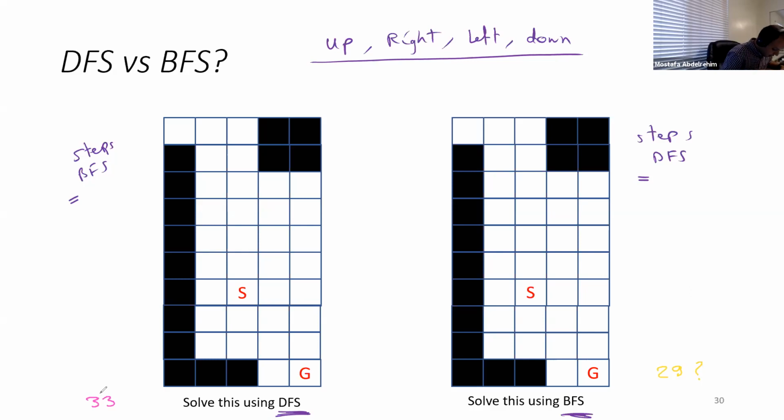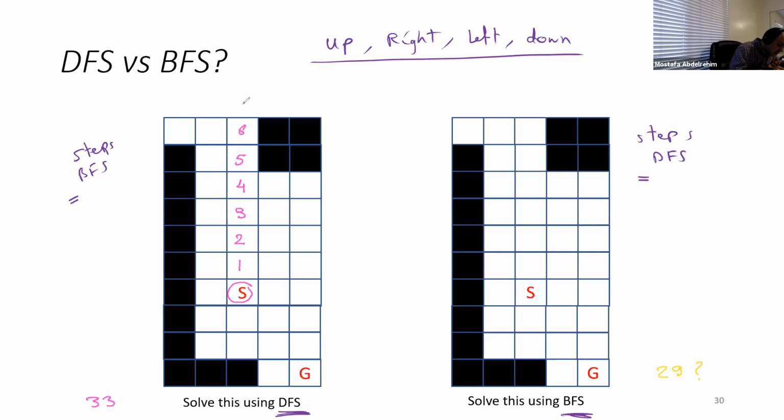Okay. So let's start with DFS. This is our starting node. We go up. So 1, start from the one in hand, which is 1 here, 2, 3, 4, 5, 6.